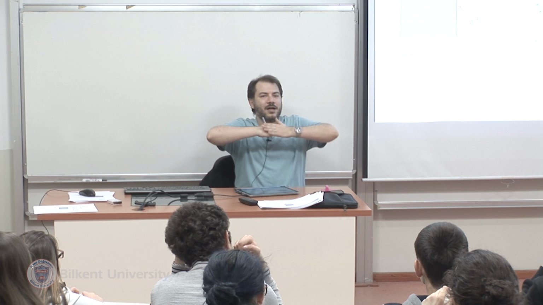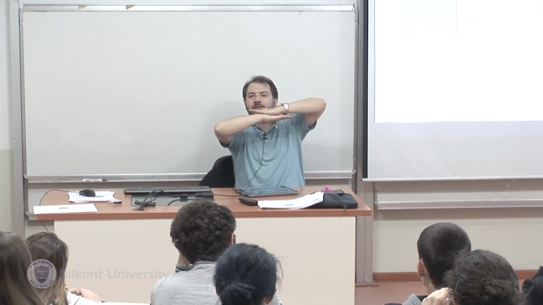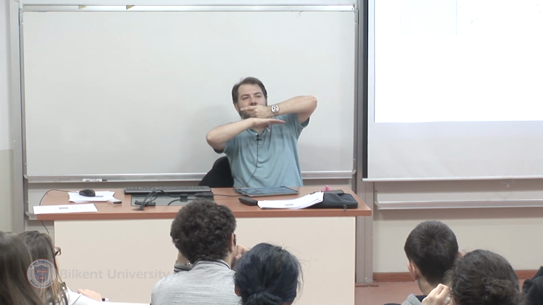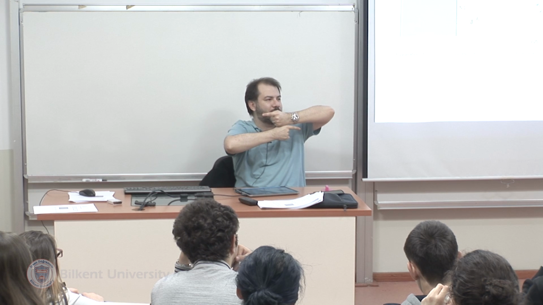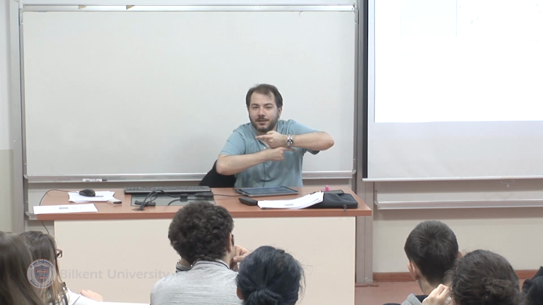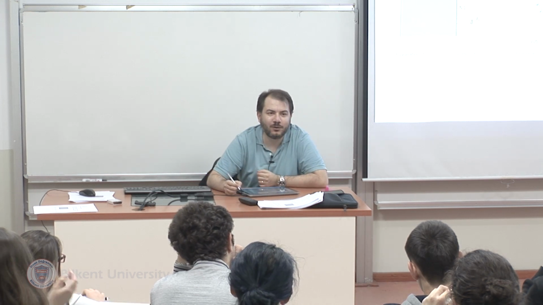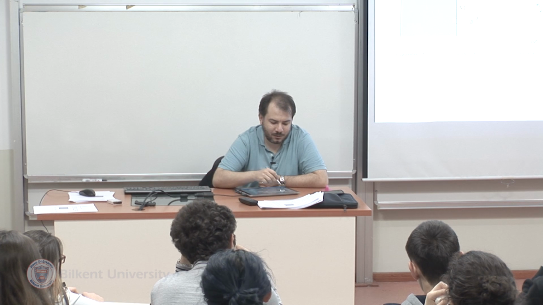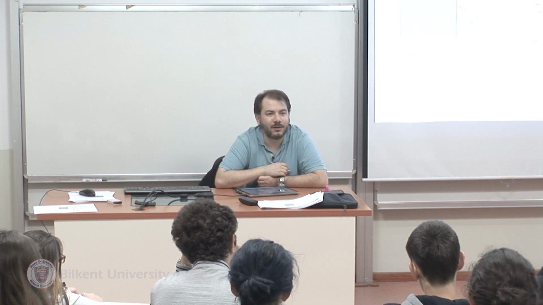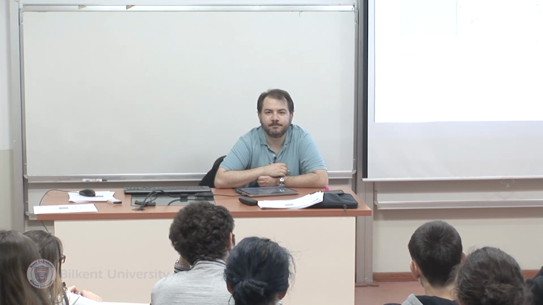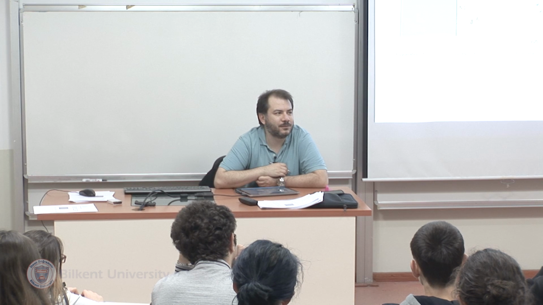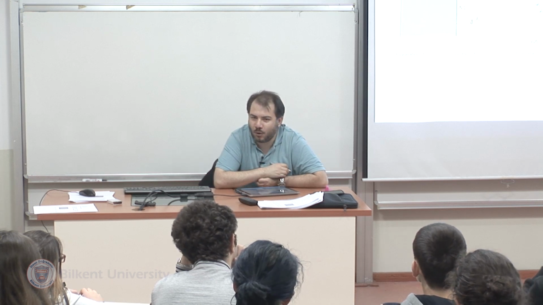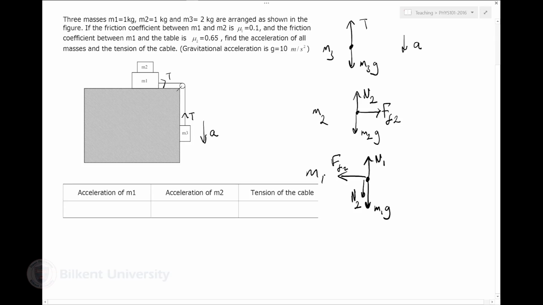So if I have friction force on a surface, if it's acting one way on the upper object, it must be acting the other way on the lower object, right? How about the friction between the table and M1? Which way is it? To the left or to the right? To the left, it must oppose the motion of this object. So good. So this is F friction 1.